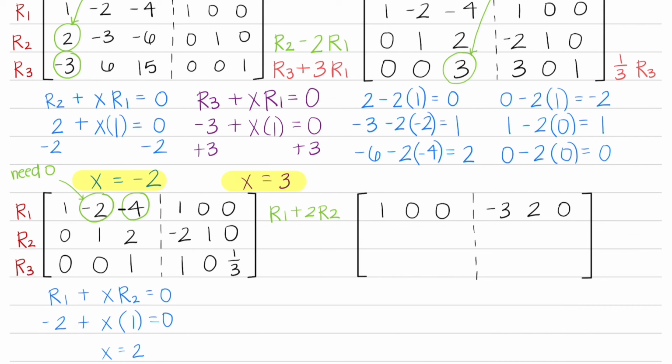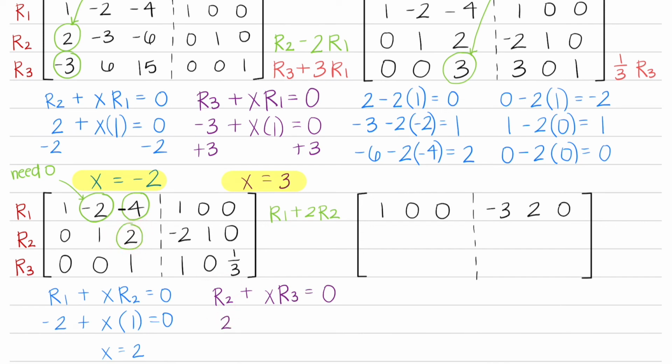In the second row, we want that 2 to be a 0, so we need to apply one of the 3 rules to make that a 0. We can't switch any row, that won't work, and we can't multiply it by a number, so we're going to have to create a formula again. Let's do r2 plus x times, and let's pick row 3 this time.